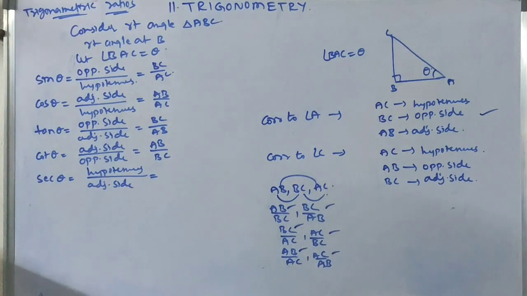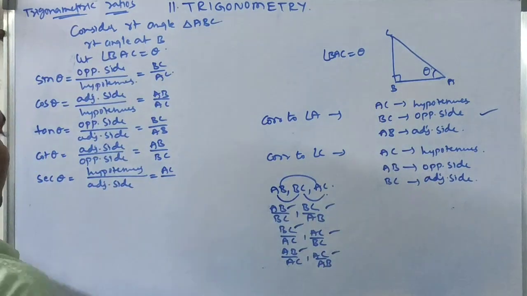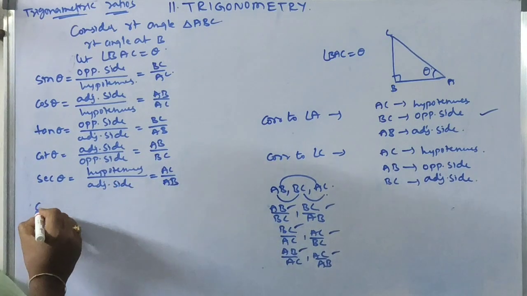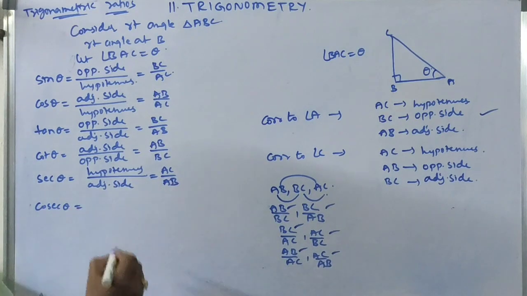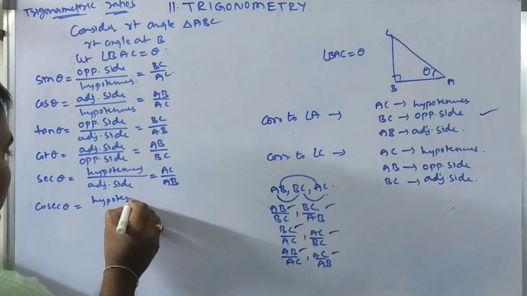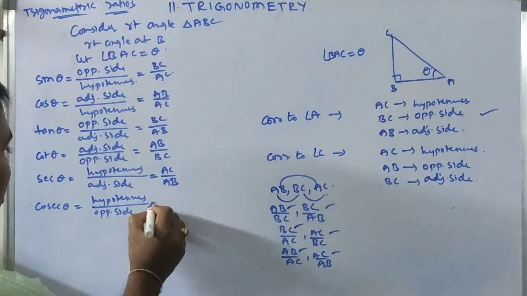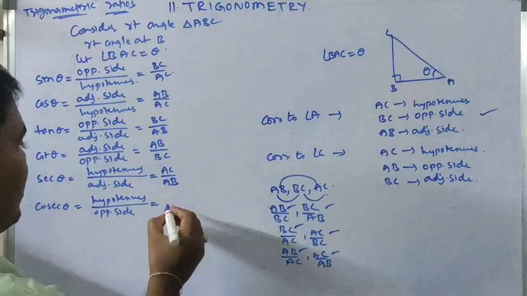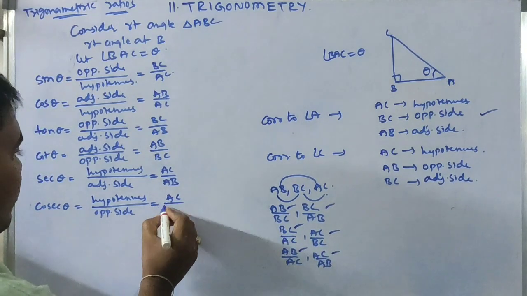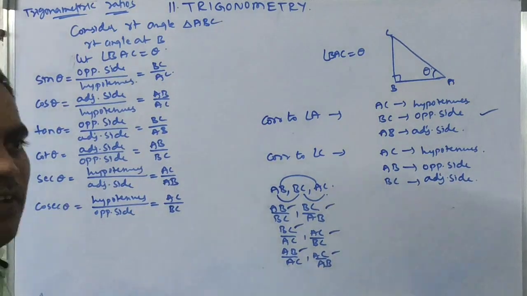Hypotenuse is AC by adjacent side AB. Next, cosec theta. The definition is hypotenuse by opposite side. Hypotenuse is AC, opposite side is BC. So these are the 6 trigonometric ratios defined like this.